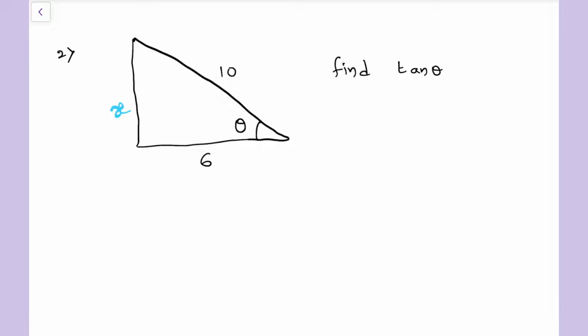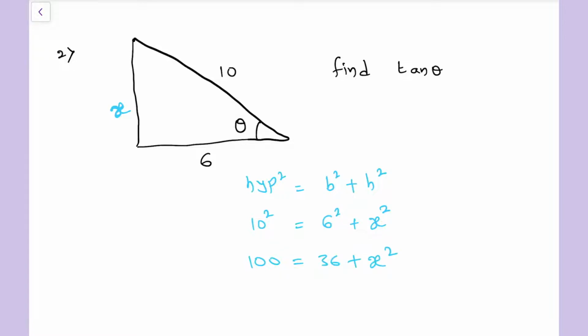So what exactly does Pythagoras theorem say? Hypotenuse square equals base square plus height square, or else side 1 square plus side 2 square, whatever you call it. Hypotenuse is given as 10, so 10 square equals base given as 6, so 6 square, plus height is unknown, so x I am keeping. 10 square 100 equals 6 square 36 plus x square as it is.